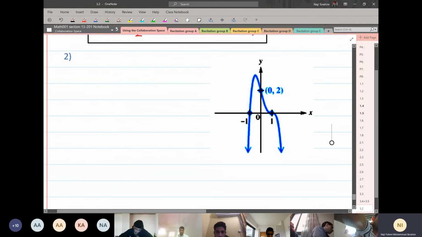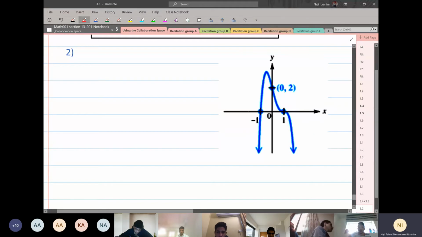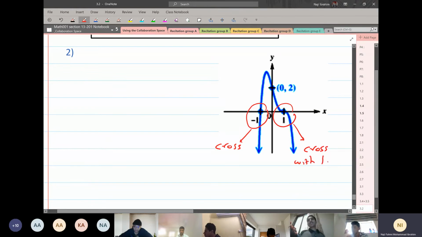Can you see the zeros? What are the zeros in this case? Negative 1, what does it do? Is it a cross or not? Yes. But what about number 1? What do I have at number 1? Power 3. Cross with tangent. Your friend is telling us I will take power 3. He's correct.